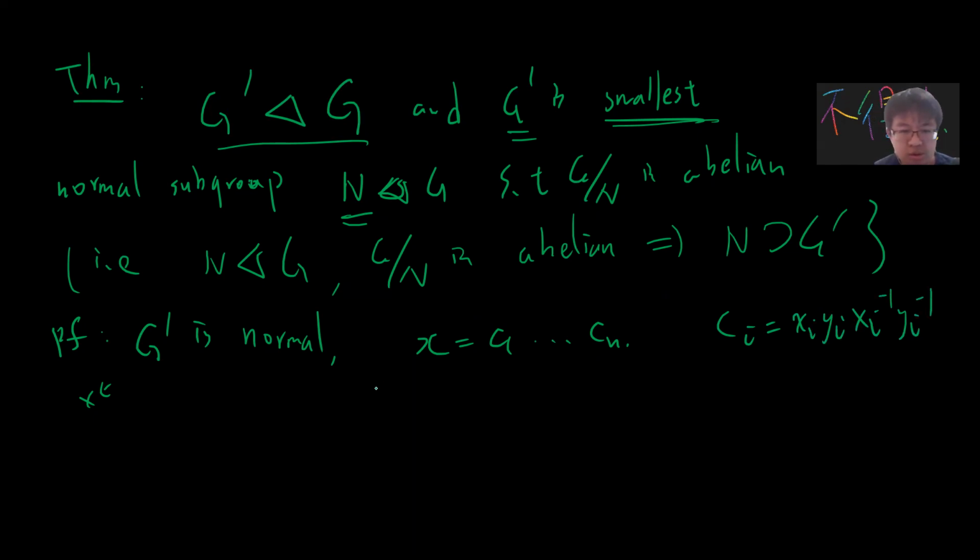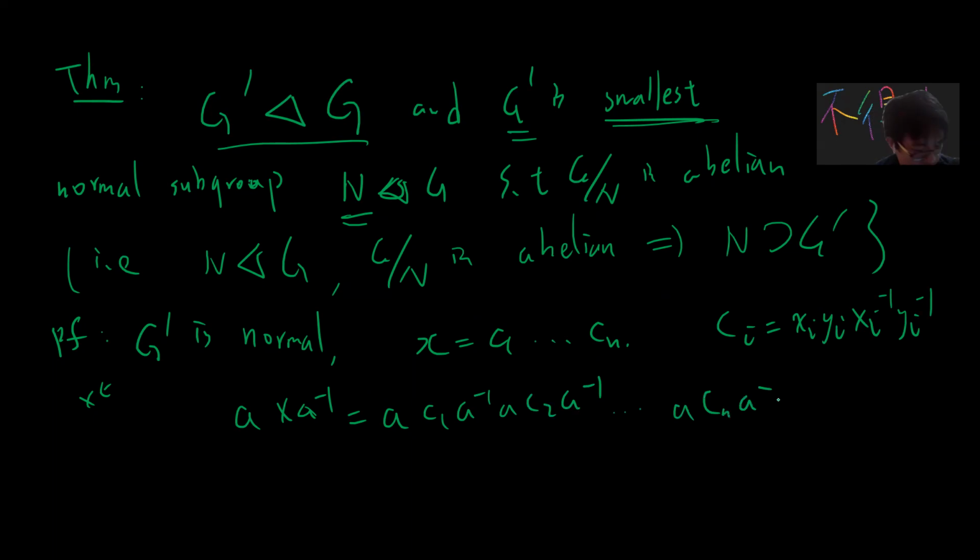If you conjugate by A, then you get A C1 A inverse, A C2 A inverse, up to A Cn A inverse.